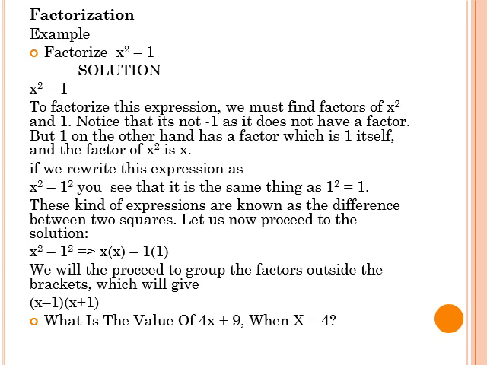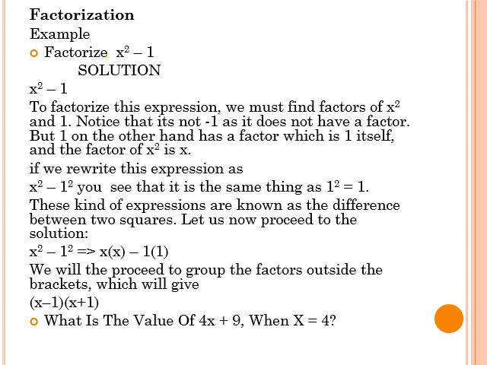When we factorize this, when we write this out as their factors, x raised to power 2 minus 1 raised to power 2 implies x times x minus 1 times 1. If we write out the factors that are outside the brackets, we group them in different brackets.